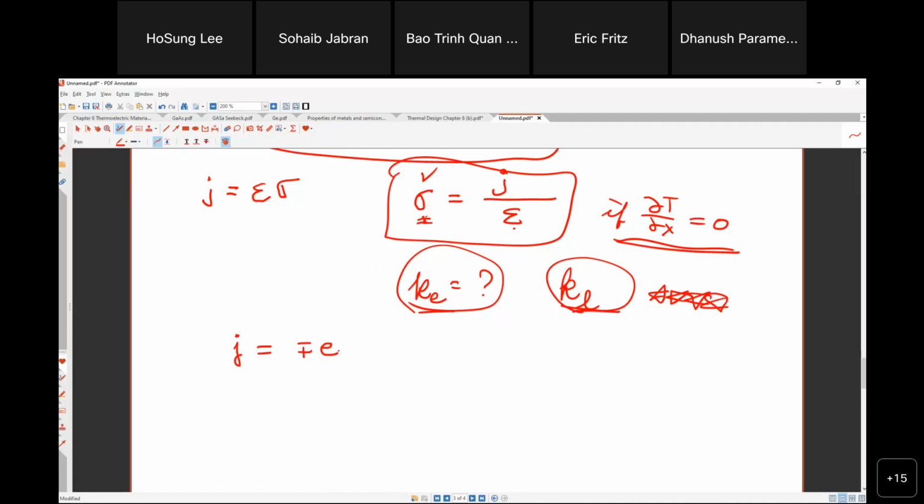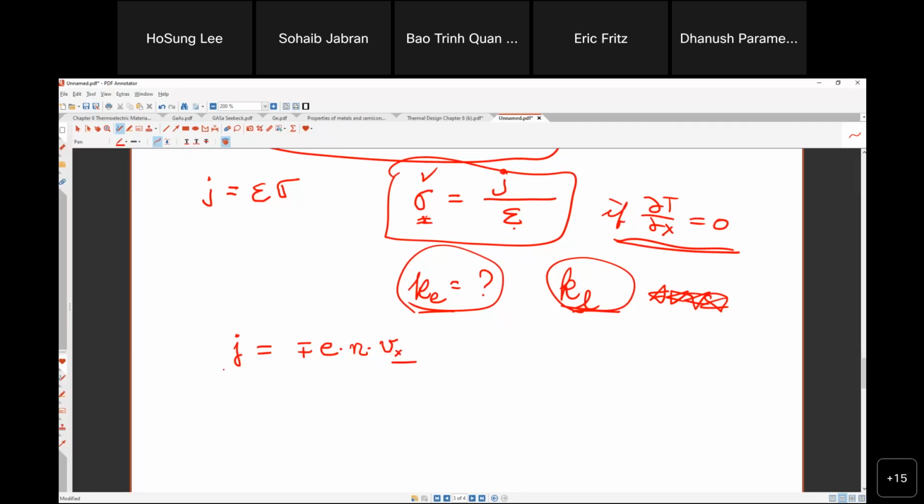You know that current is in the inverse direction of electron, and number concentration, and the x velocity, because there's a number of velocity, but the x directional velocity.